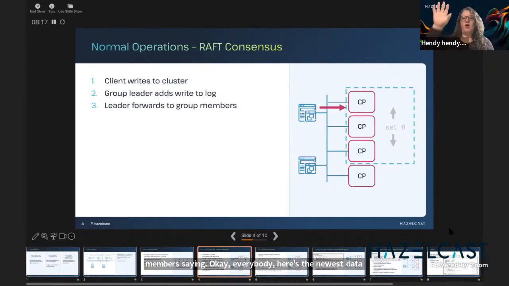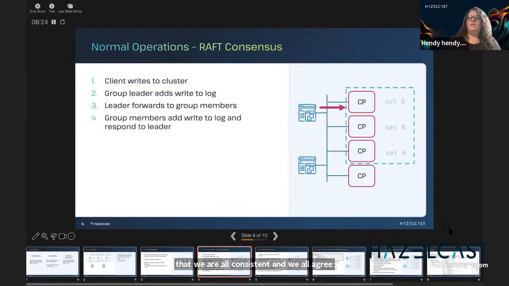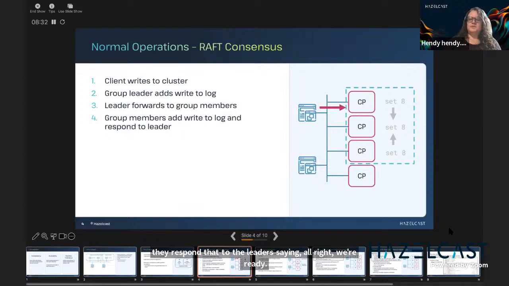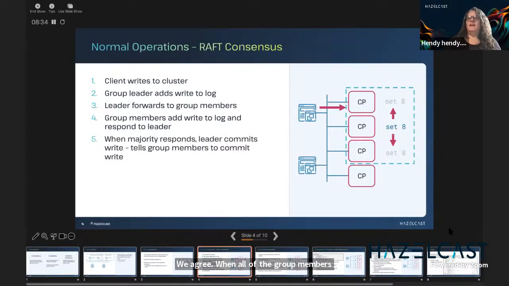Let's make sure that we are all consistent and we all agree that this field is now set to 8. When the group members add that to the log, they respond to the leader saying, all right, we're ready, we agree. When all of the group members respond, then the group can commit that data and make that data available for reading. That's in short how Raft works.